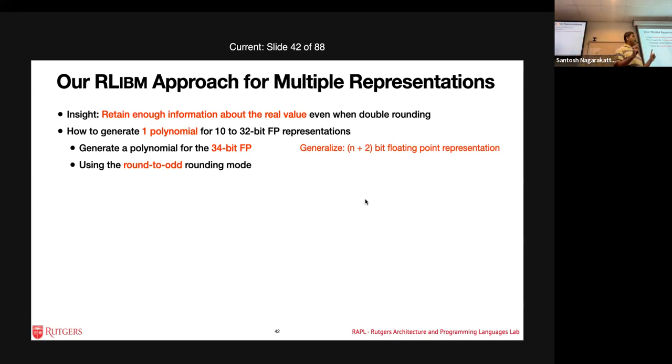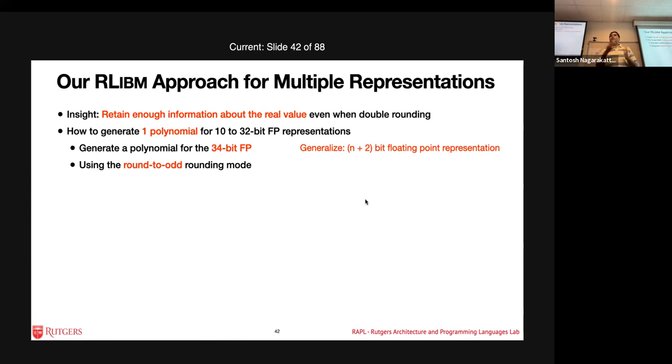So you want a single polynomial that produces correctly rounded results for all representations from 10 bits to 32 bits and all rounding modes in the IEEE standard. What do you do? You create a library for 34 bits that produces correctly rounded results with the round to odd mode.